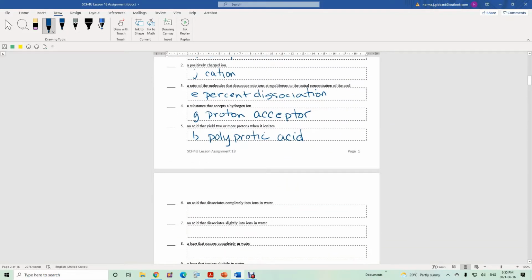Okay, number 6, an acid that dissociates completely into ions in water, and that is A, strong acid.